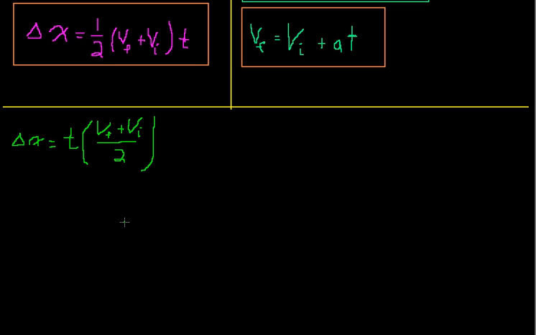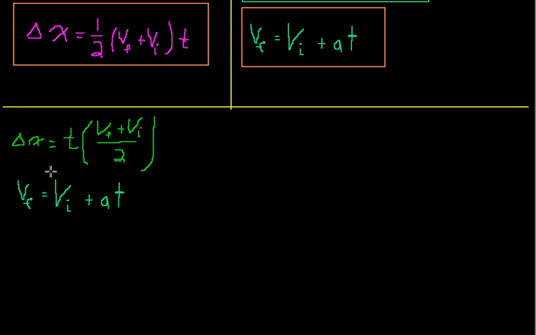What next? Okay, and then we know here we have that the final velocity is equal to the initial velocity plus acceleration times time. So what happens if we plug this Vf in up here?